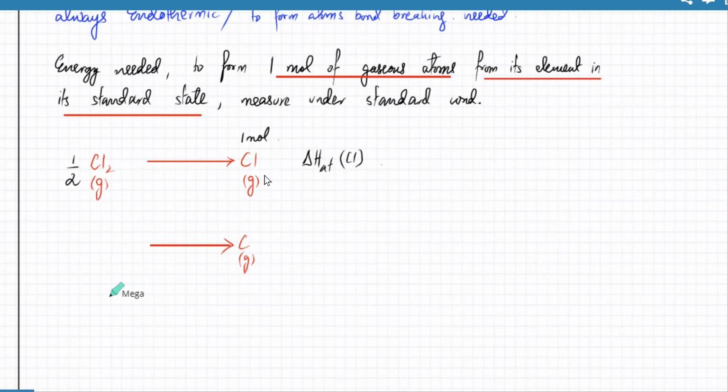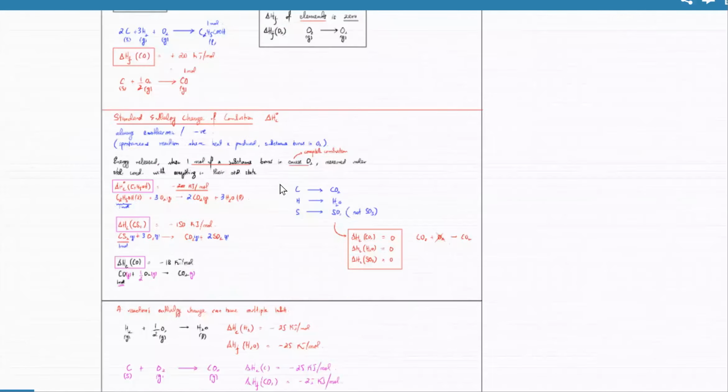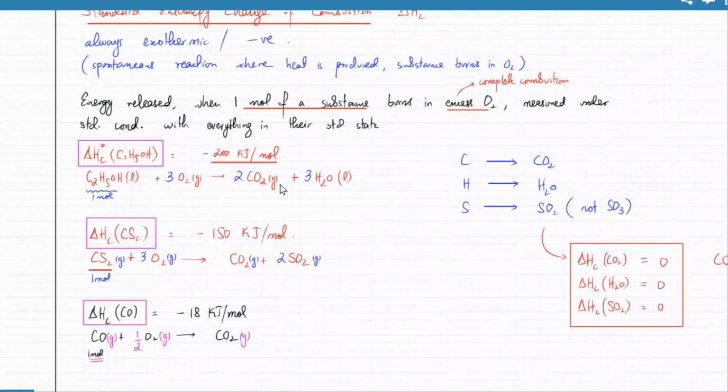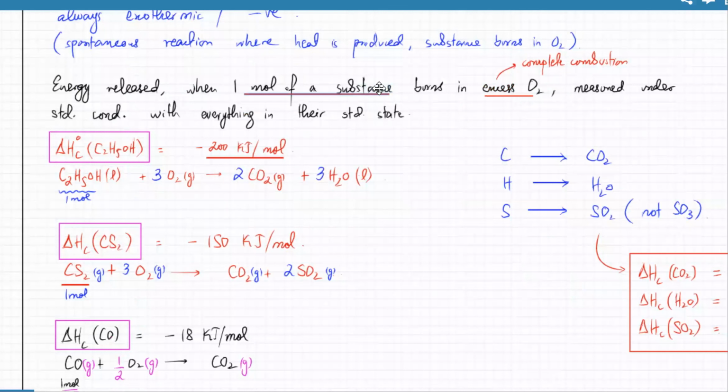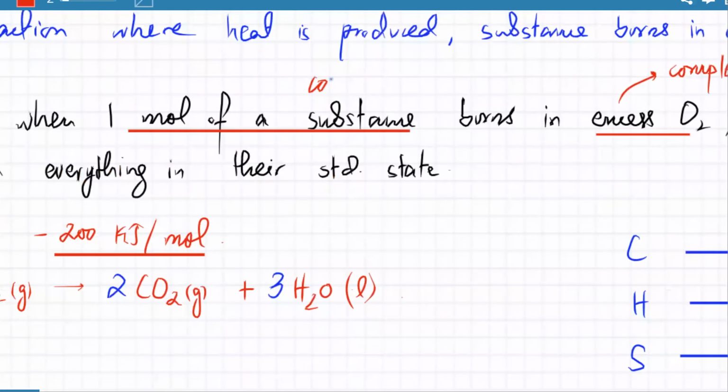But usually enthalpy of formation is for an actual compound. Like the enthalpy of formation of HCl, that's a formation. You're forming a compound from its element. So it's usually for compounds. Here we can add that 1 mole of a substance is generally a compound. When we talk about a substance, you're talking about a compound.